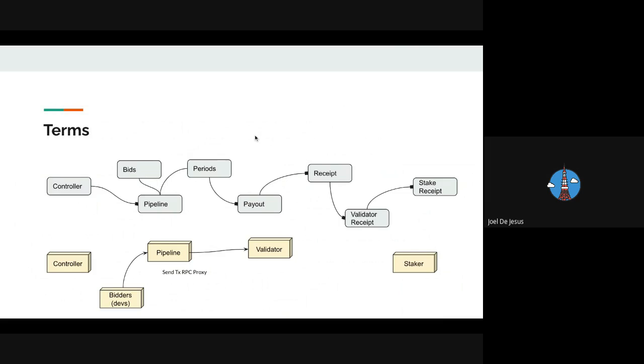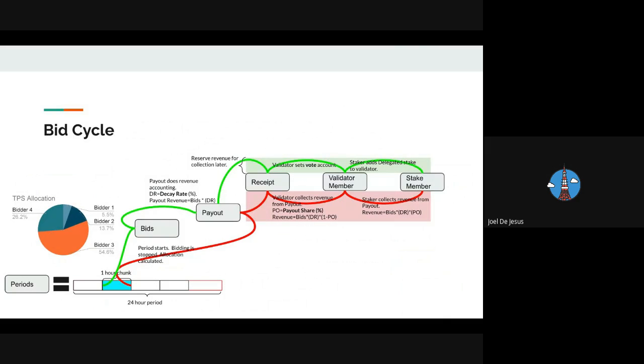Pipeline. So I mean, this is what the bidding cycle looks like. We just talked about the bidding part, which is the green part, which is what you do. We're in the white chunk right now, where Alice is worried about tomorrow between 9 and 12, and she wants 5 TPS.